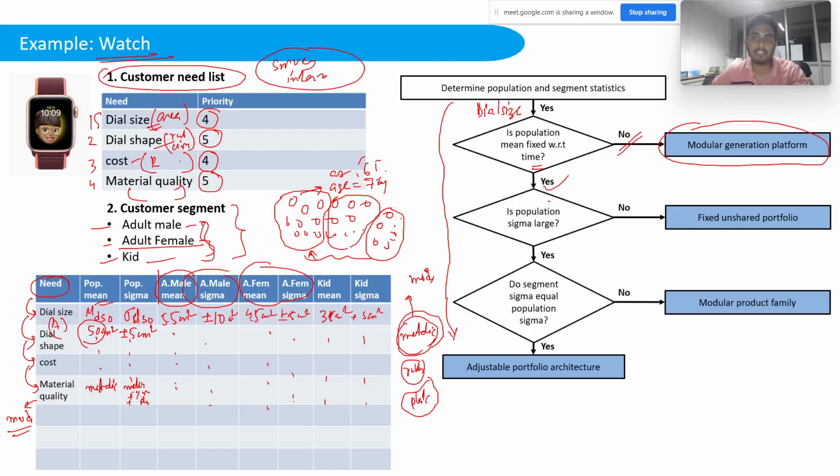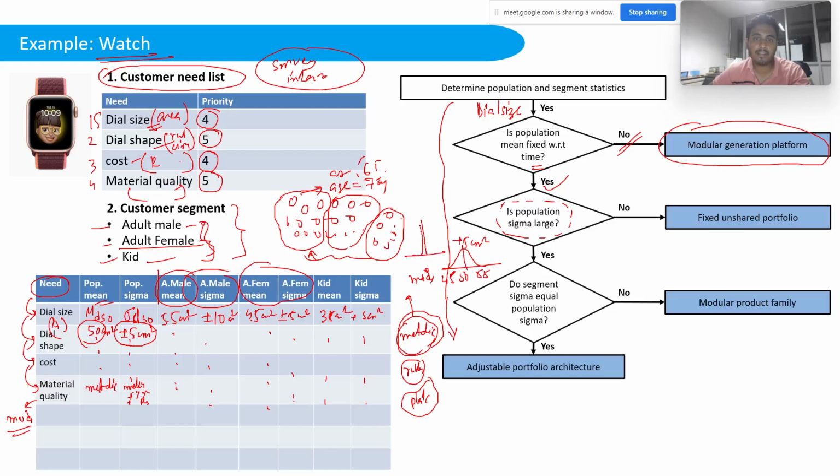Then you go to the next question: is the population sigma large? Here sigma is 5 centimeter square. It is not very large, since you have 50, then 55, then 45, plus or minus 5. Next you ask if it is very narrow.